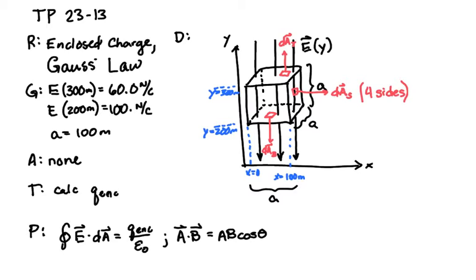The other equation that we're going to need is our connection between the dot product using vectors and the dot product using our magnitudes and angle. All right, so that's on the back of the PRC in the lower left-hand corner. All right, that's going to help us visualize how the electric field interacts with each of our 6 surfaces.